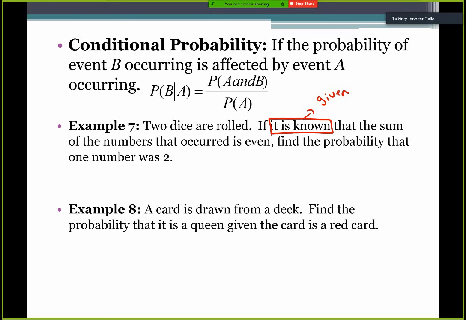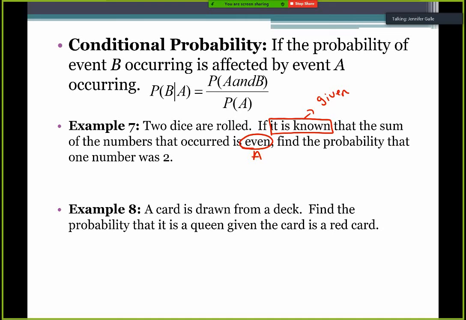Event A is happening. Now that we know that that has happened, what's the probability that we get that second thing? So we have two dice rolled. If it is known that the sum of the numbers that occurred is even, find the probability that one number was a 2.